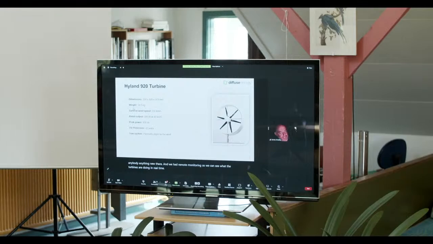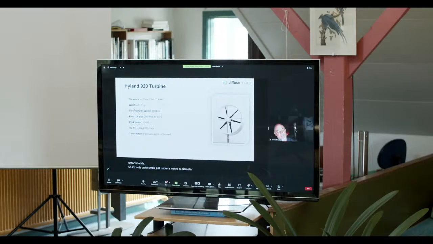So a little bit more about our turbine. Most of the turbine is made here in Australia, with the only thing really being the generators. There's no one in Australia building generators, unfortunately. It's only quite small, just under a metre in diameter, less than 20 kilos. Quite happy to survive in more than 150 kilometres an hour.